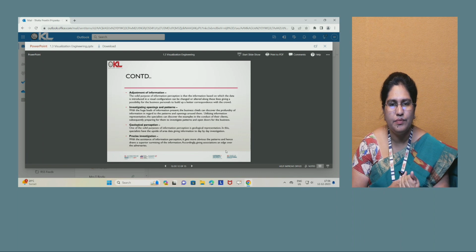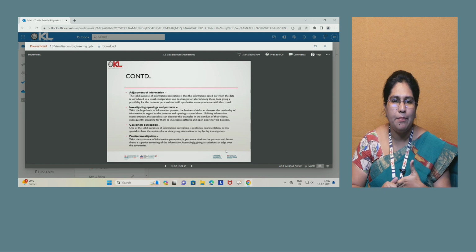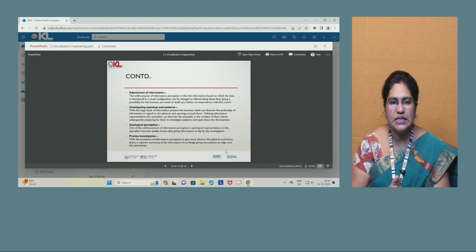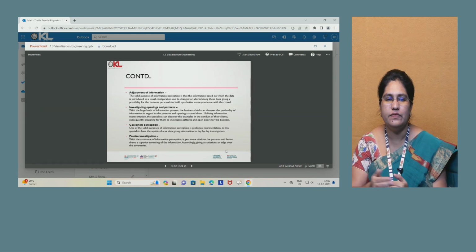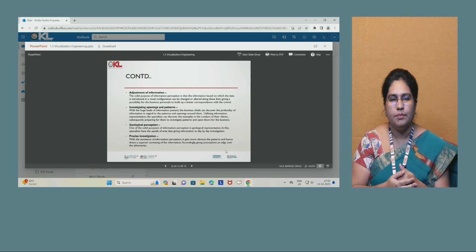Geographically means a geographical representation, in which specialists have to update the area data, giving the information for day-to-day investment. According to the area, they have to start the business.